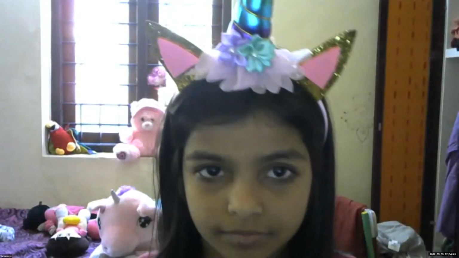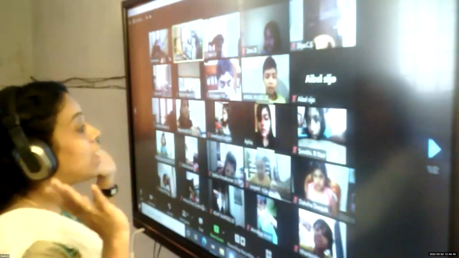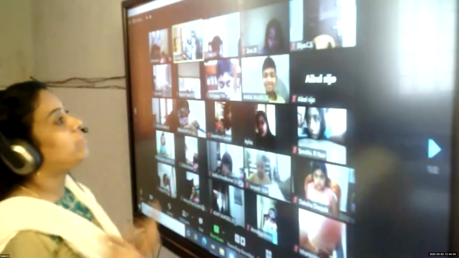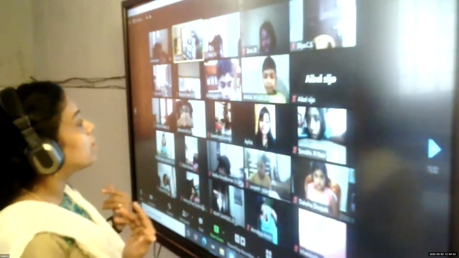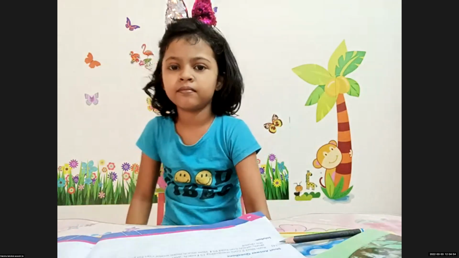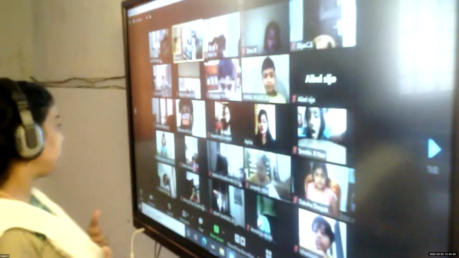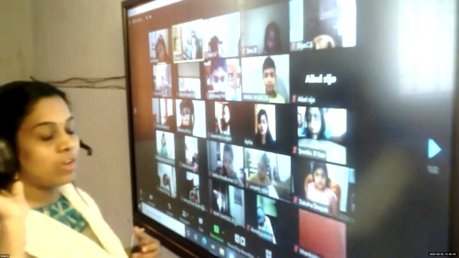Kilogram is the largest unit. So for finding your body weight, which unit will we use? Kilogram. For finding our body weight, we will use kilogram. Have you all remembered that? Then the third one is capacity.